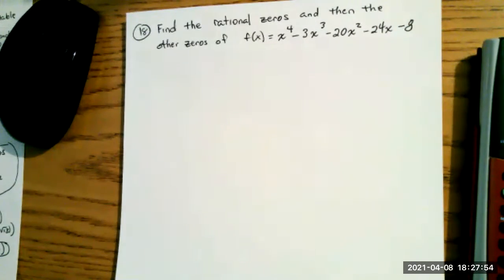And whatever problem you have for this number 18, it's going to start with an x to the 4th. So you can bet on having 4 zeros when you get through.